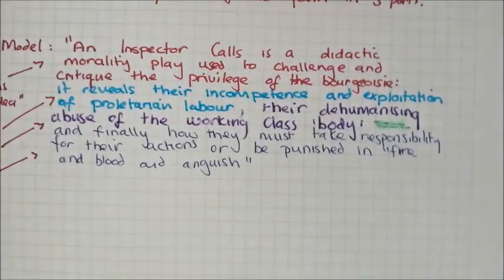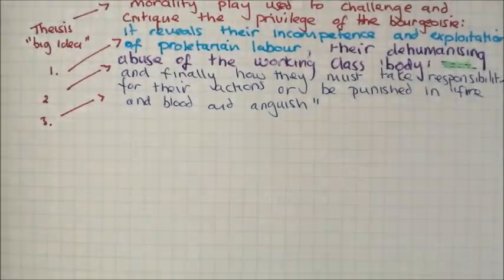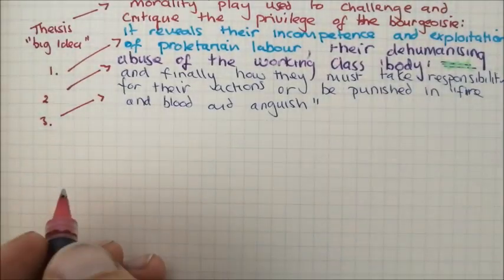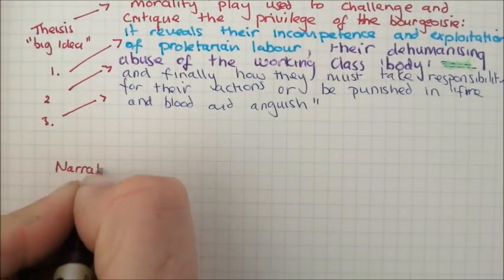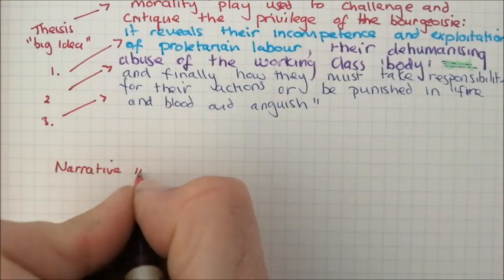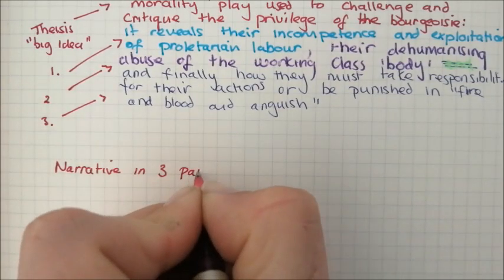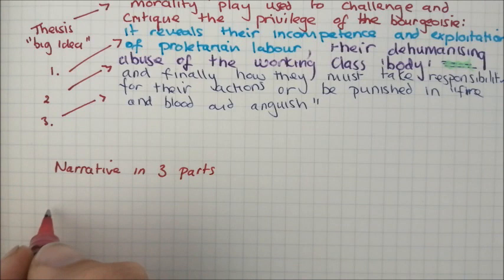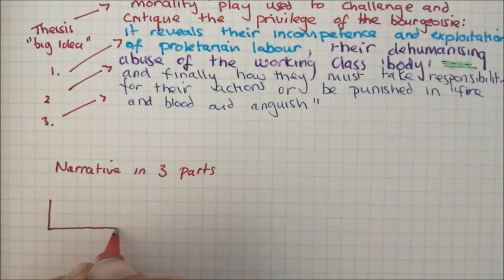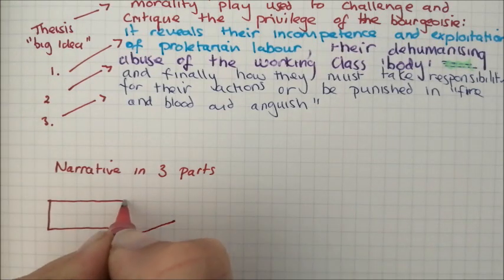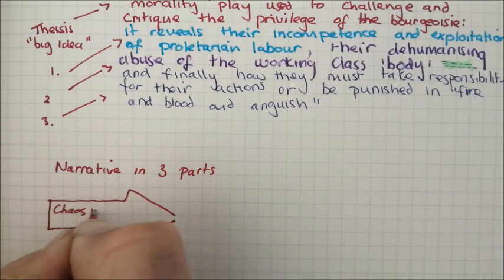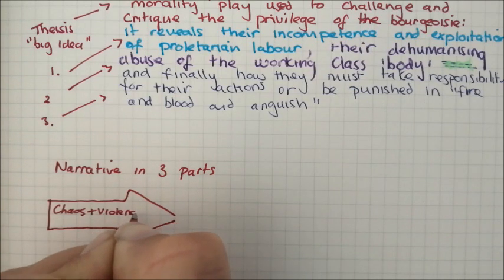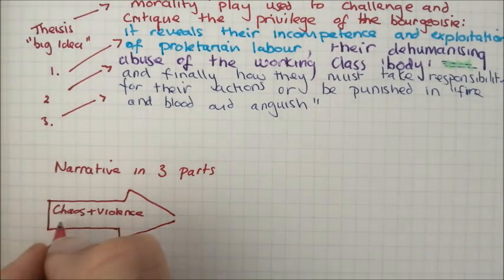And it can start to look a little bit more like this. You see there's a direction to this poem. It starts right at the beginning. We've got the chaos and violence of the act of birth itself, of the pushing.